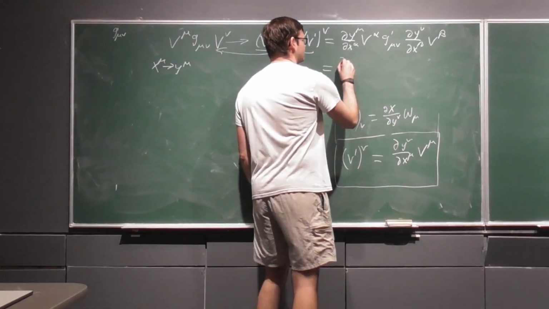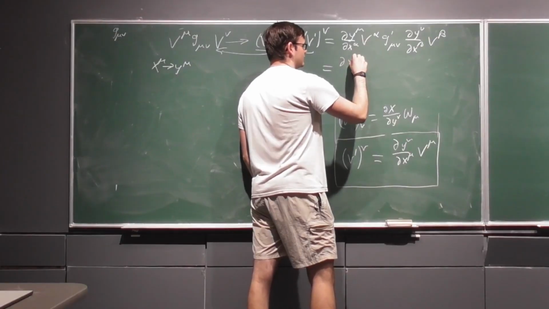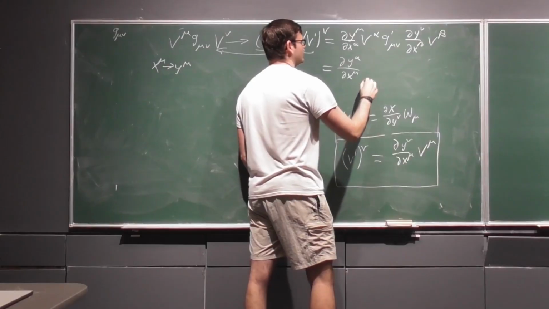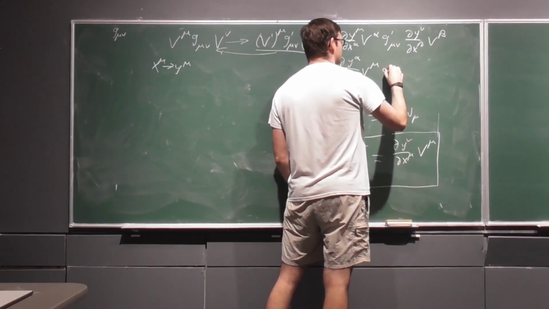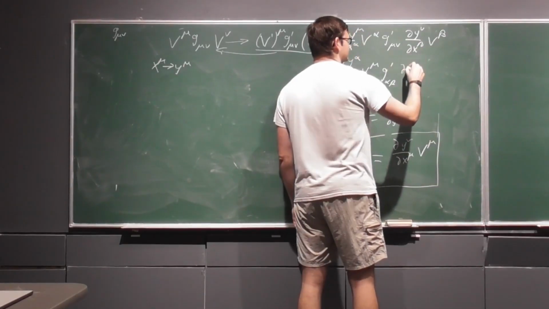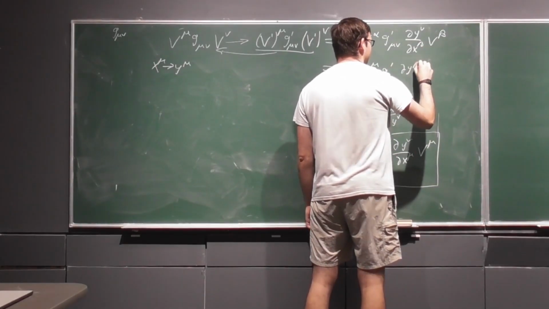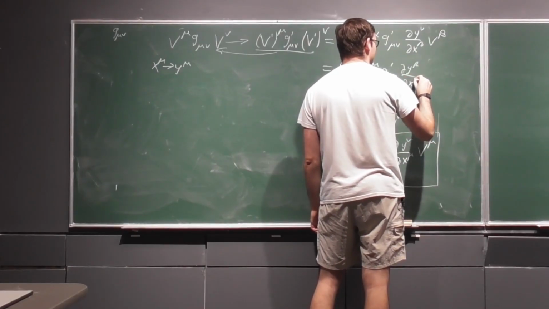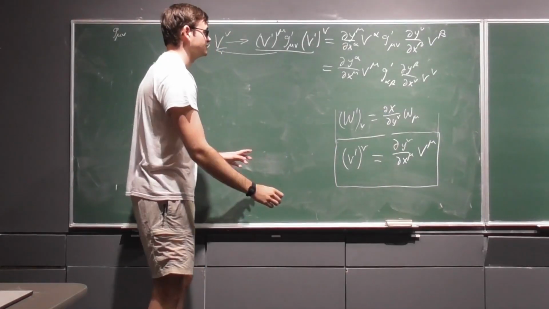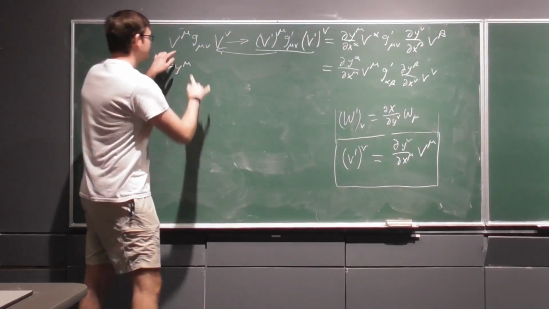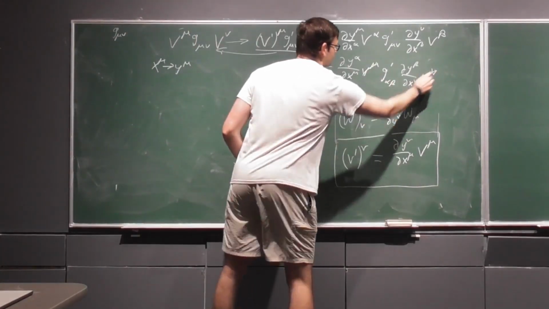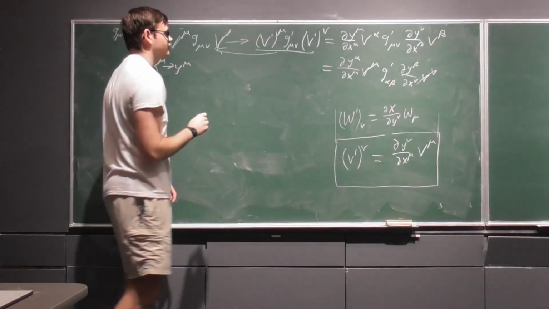So they swap. It's the same quantity. I've just relabeled stuff. But now it's still equal to this, and I see I have a nu and a mu. So these things don't matter. They're the same for all of them.